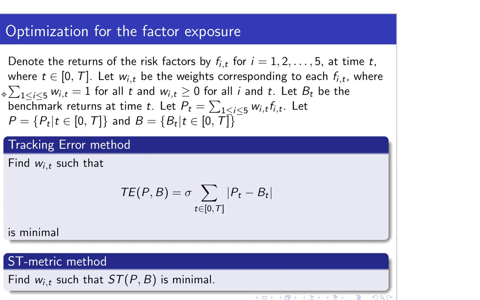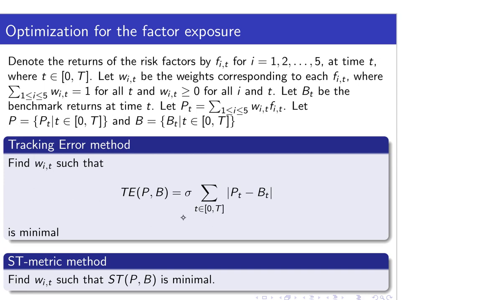Since the weights have to sum to one, we want all of them positive, and the benchmark return is denoted by BT, and PT is the portfolio that we constructed with the factors together with the weights that we calculate.